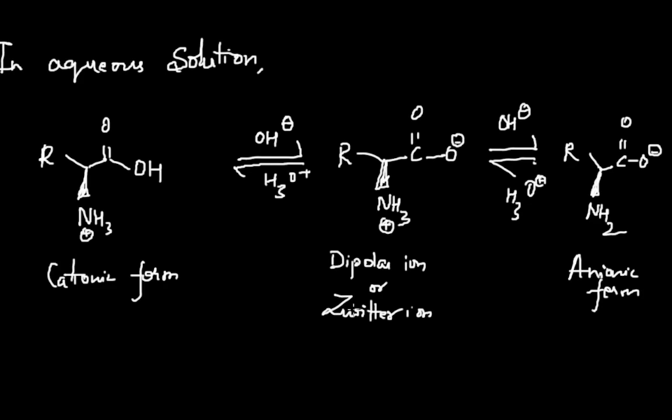The predominant form of an amino acid present in a solution depends on the pH of the solution and on the nature of the amino acid. For example, in very strongly acidic solutions, all amino acids are present as cations. In strongly basic solutions, they are present as anions. And there is a point called the isoelectric point.